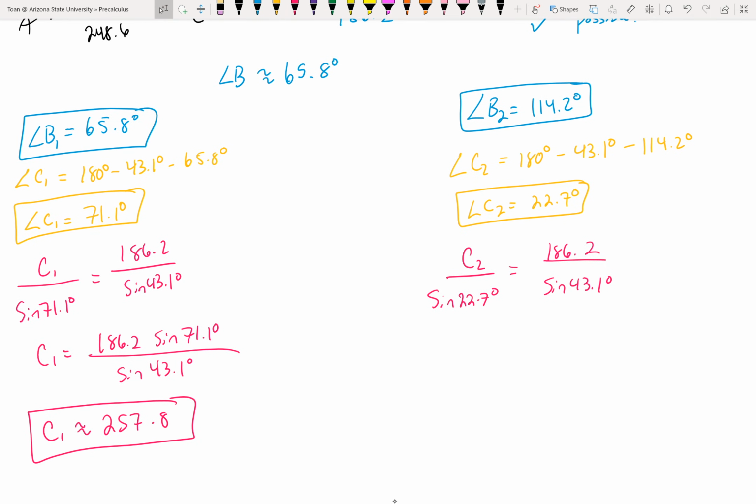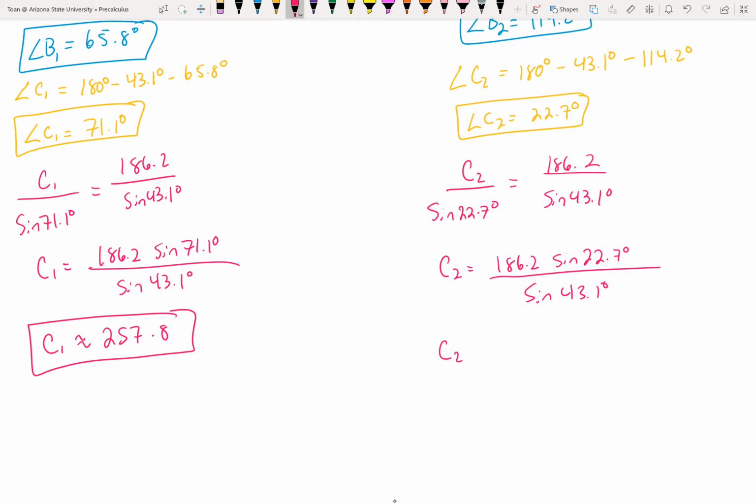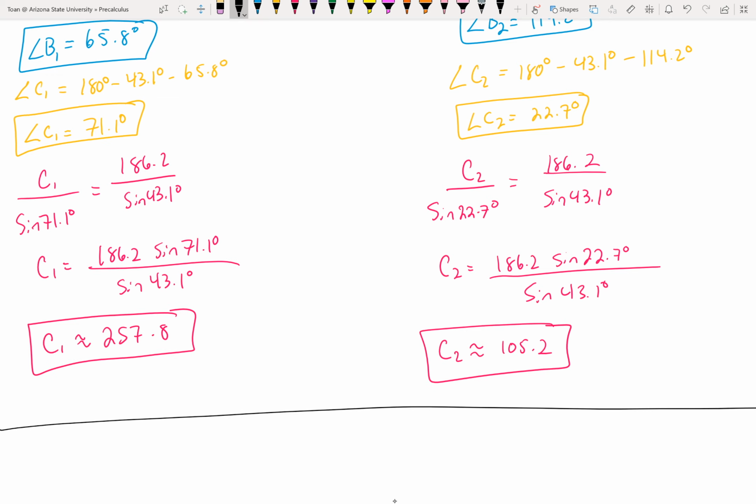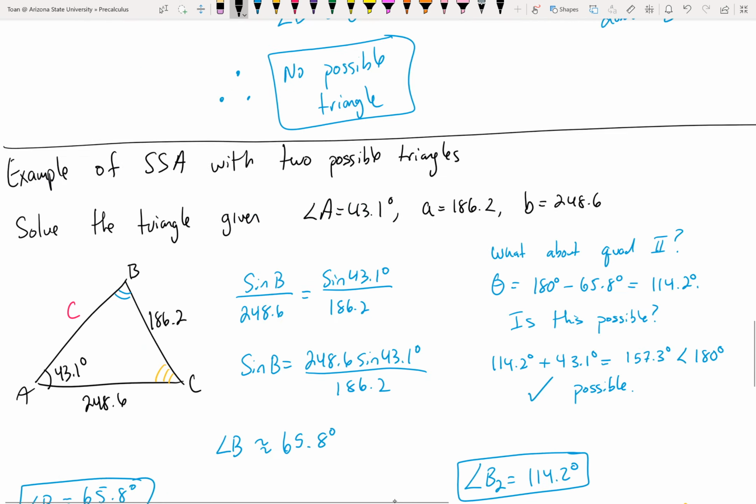But the motions, the logic, the problem solving is 100% the same. The only thing that really differs are the numbers and the concept that we might have a possible obtuse angle rather than an acute angle. So this is approximately 105.2. So there we have it. The three possible cases of the ambiguous case.